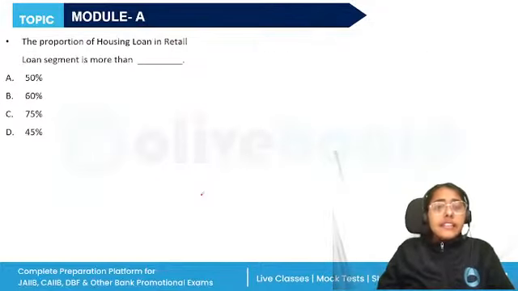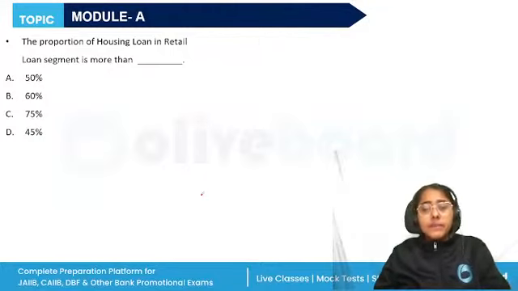All right. Next, we move on to the question: the proportion of housing loan in retail loan segment is more than. What is the proportion of housing loan in the retail loan segment? Option A 50%, option B 60%, option C 75%, or option D 45%.